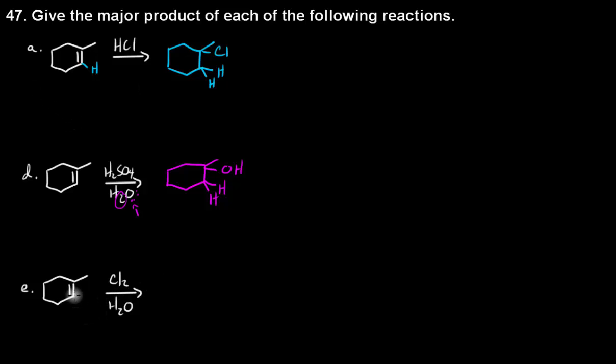Okay, so finally sub-question E, we're going to again start with the same starting material. We're going to have our dihalogen. We can use Br2, Cl2, although Br2 is the more classical way of doing this reaction. And this is actually quite an important bit, so this H2O. Notice in your book, I believe the reactions are on page 195.